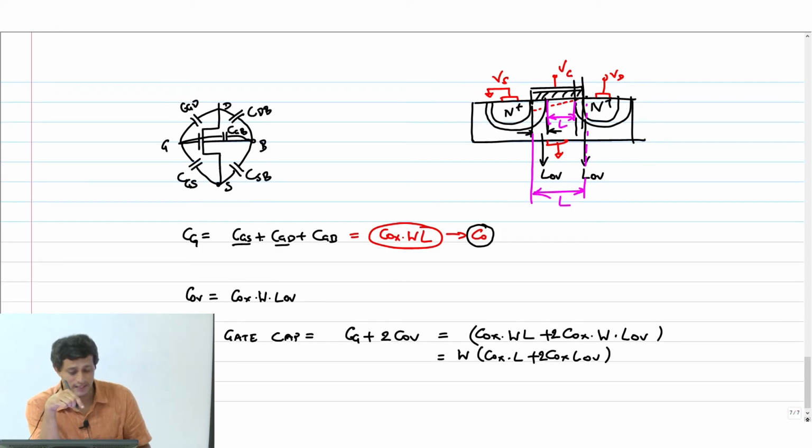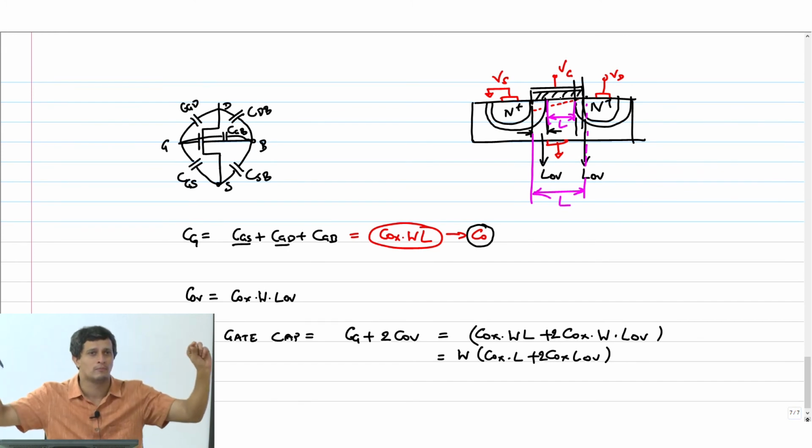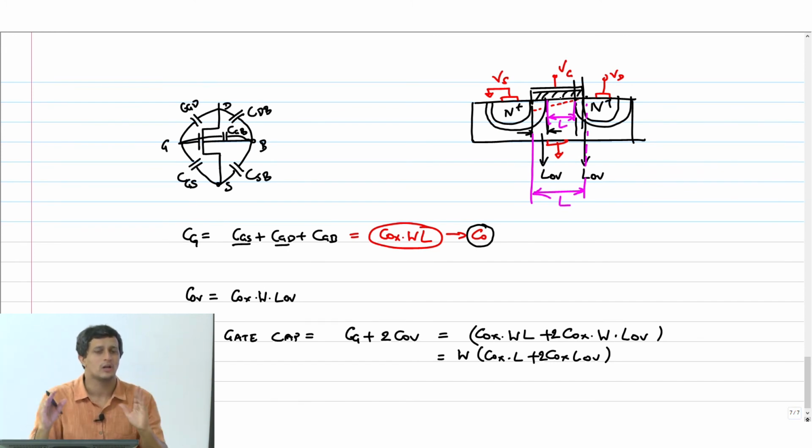I am saying this is actually a combination of whether the transistor is in saturation mode or linear mode or cutoff mode. If the transistor is in cutoff mode, then this CGB is C naught, and CGS and CGD are 0. If it is in linear mode, then the charge distribution in the channel is uniform, so CGS and CGD are just C naught by 2 each.